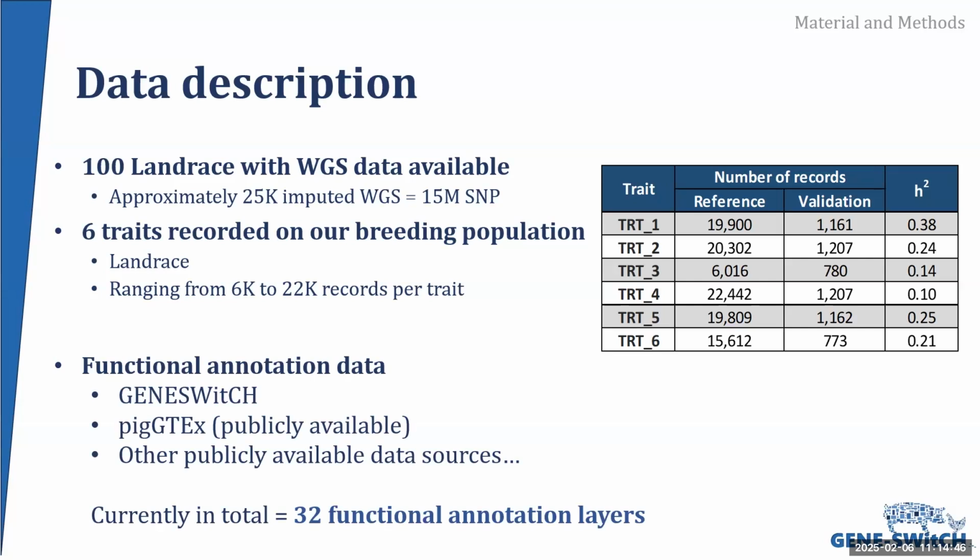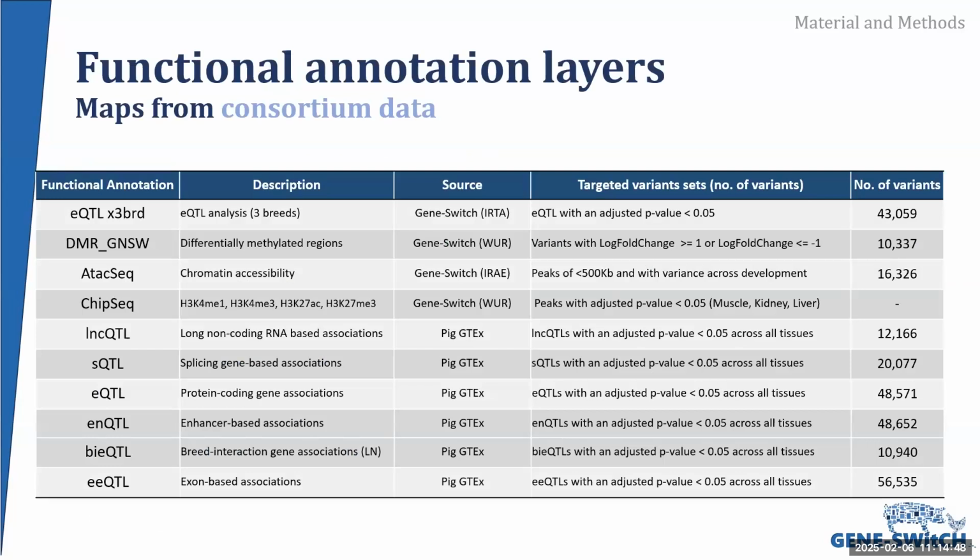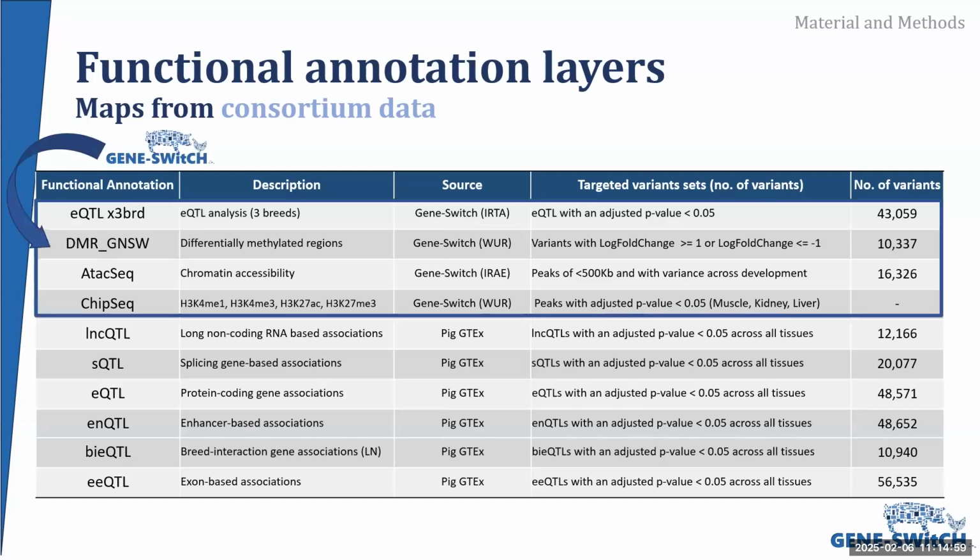This is the list of functional annotation layers from the consortia themselves. And this is a very big slide, so you're not expected to read all this. But I would like to note that the top 4 data sets were directly generated by the Gene Switch Consortia and their partners, and the bottom were produced by the Pig GTEx Consortia.